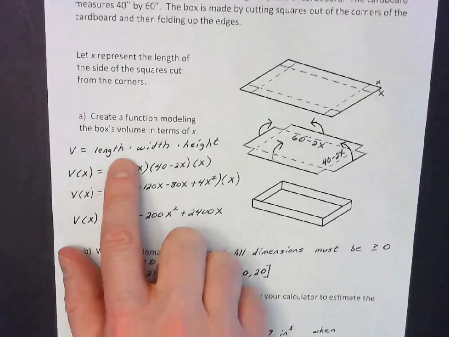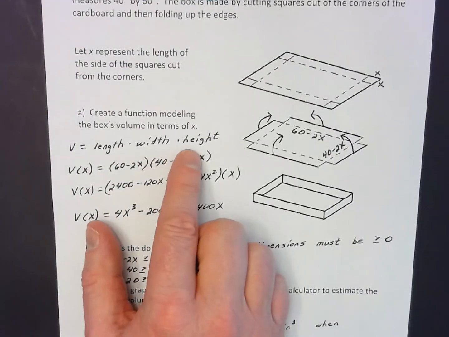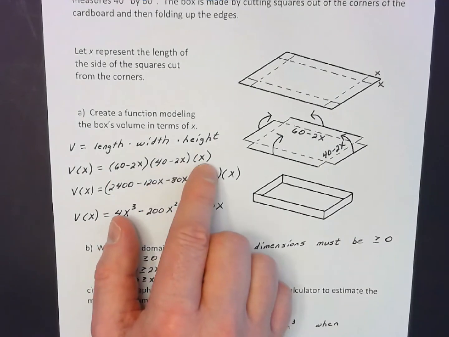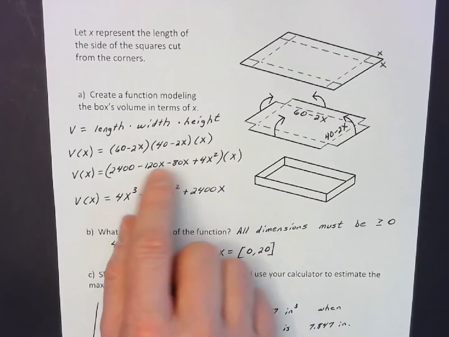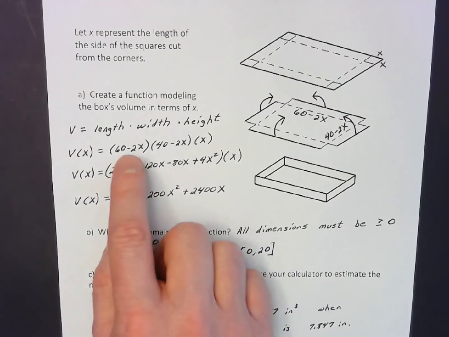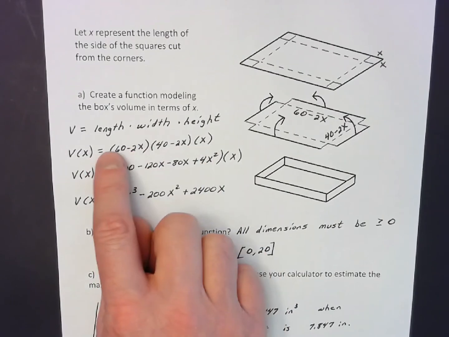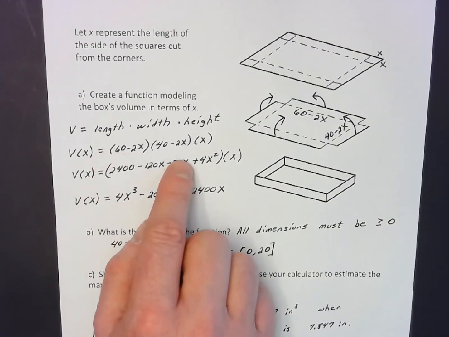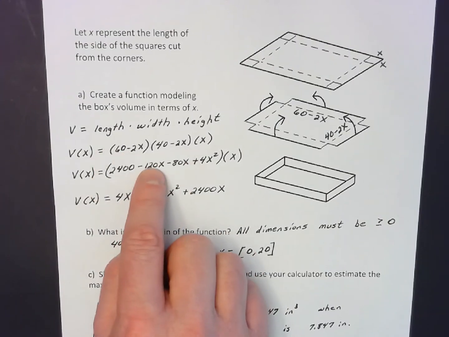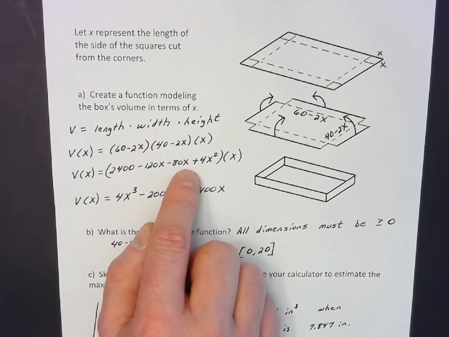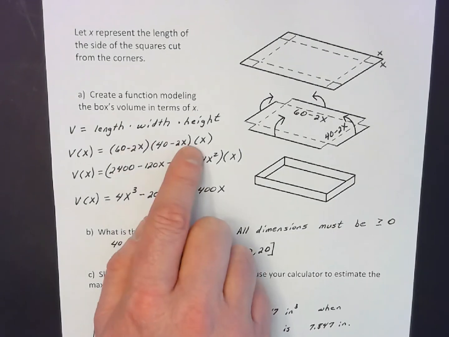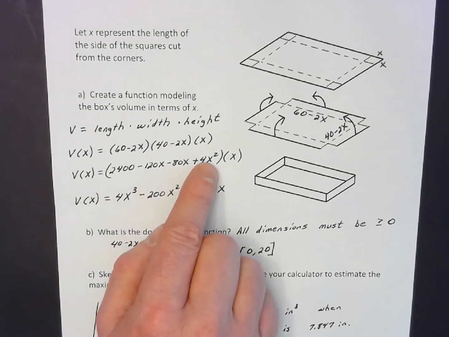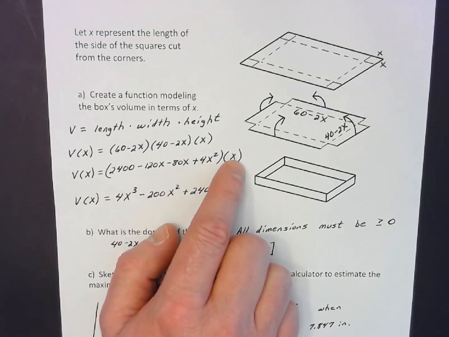So when I say the volume of the box is length times width times height, that'd be 60 minus 2x times 40 minus 2x times x. Now all I've done here in this first one is I went ahead and FOILed out these two. 60 times 40 was 2400. Then I would have minus 120x minus 80x, and then I would get plus 4x squared. All of that is multiplying the x that comes next.